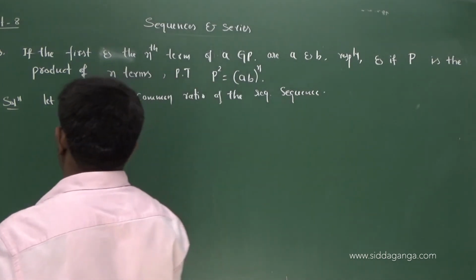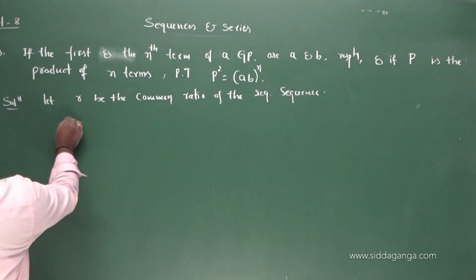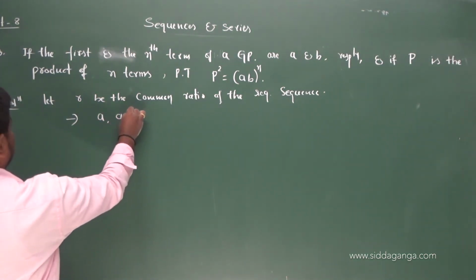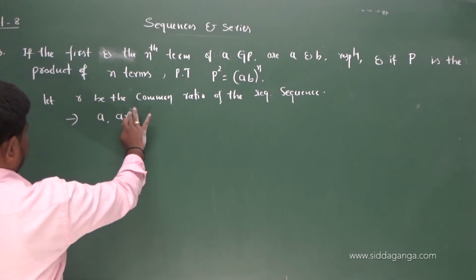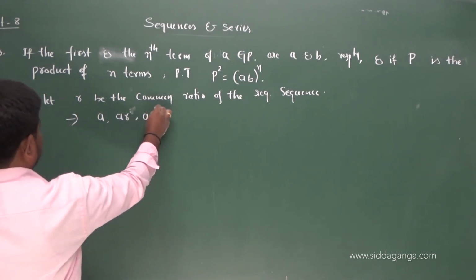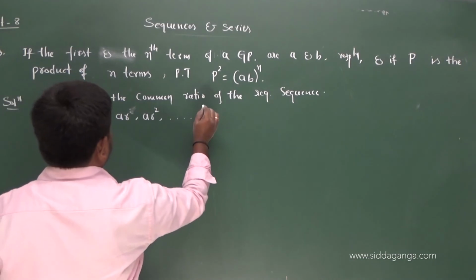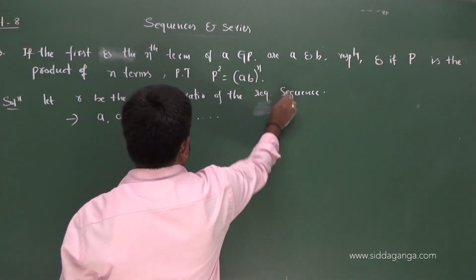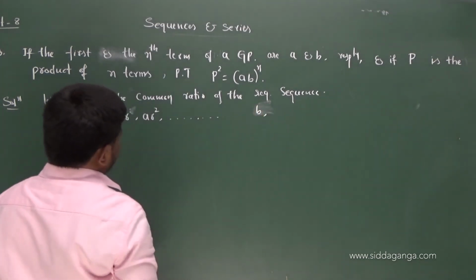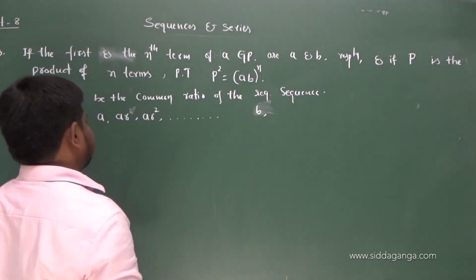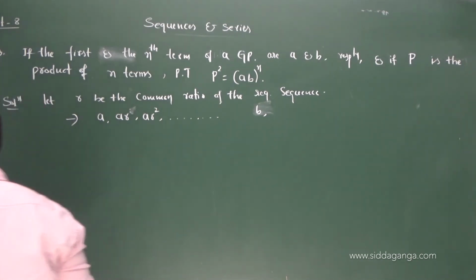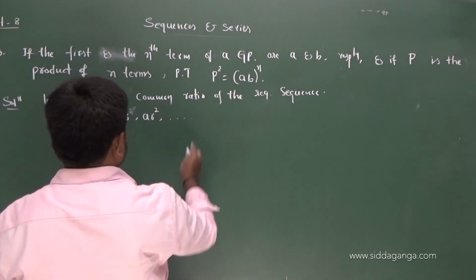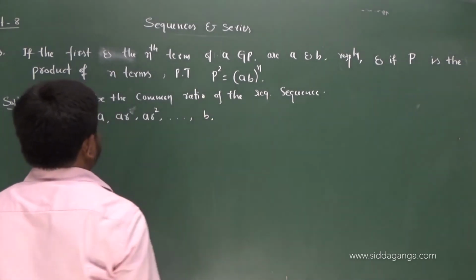Now your terms will be A, A into R, AR square, AR cube, and so on. The last term is B, the nth term.